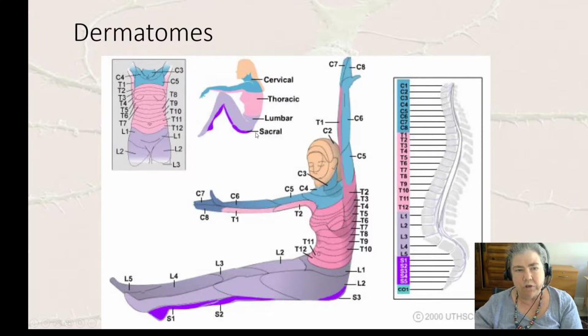So much of the trunk is thoracic. That makes sense. The neck and much of the arms is cervical. The lower part of the trunk and belly, pelvis, and legs are mostly lumbar, with a little bit of sacral, particularly on the back of the leg.